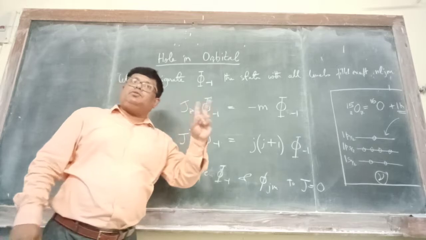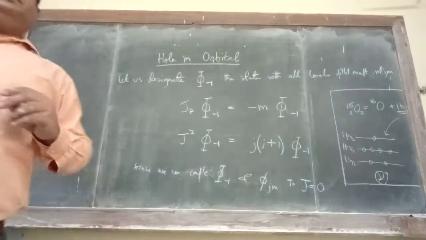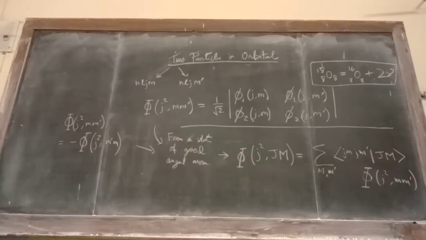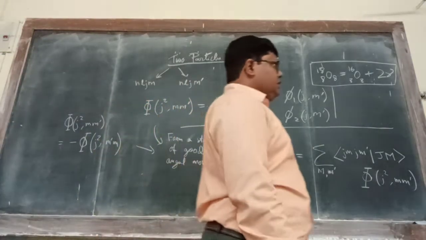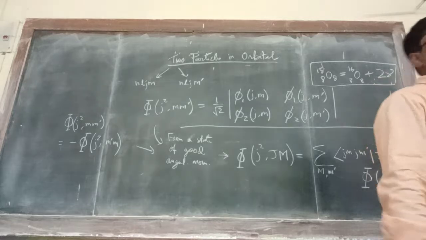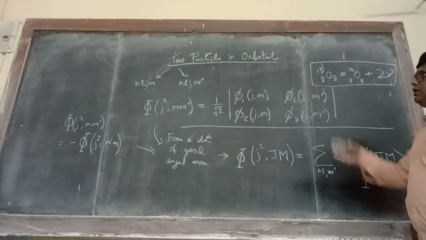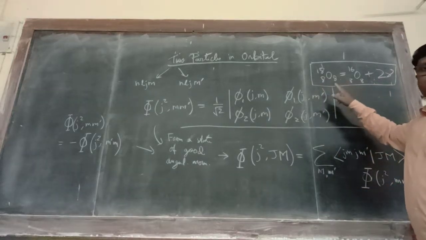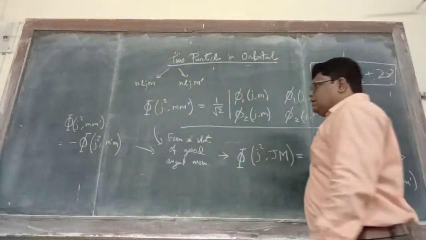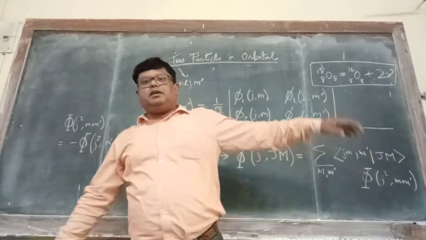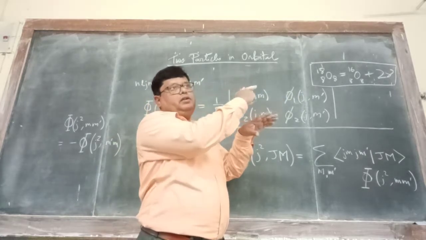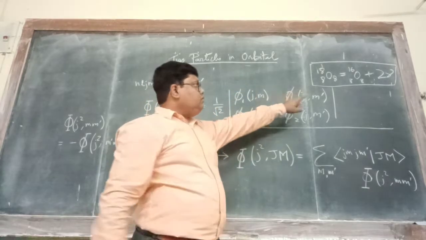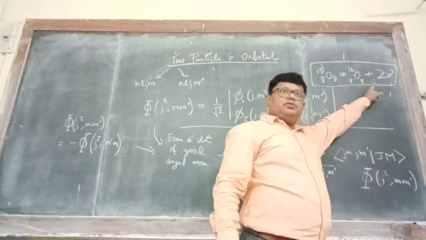Now we will consider two particles in an orbital. Let us consider an example: oxygen-18, which you can consider as an oxygen-16 core plus 2 unfilled nucleons, and in this case these are 2 neutrons.